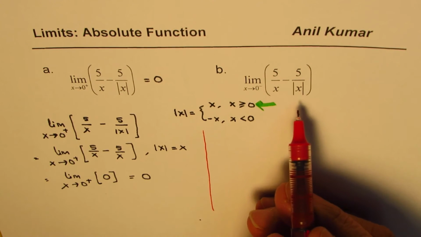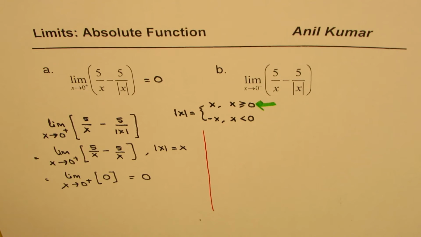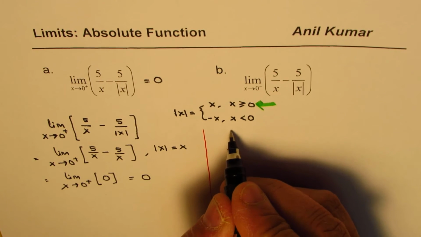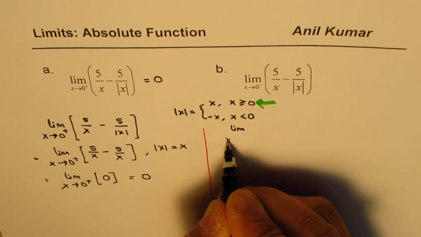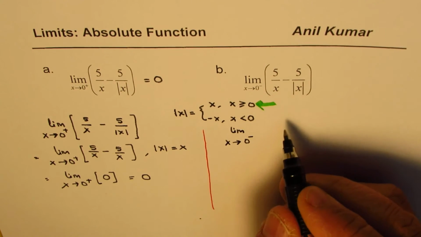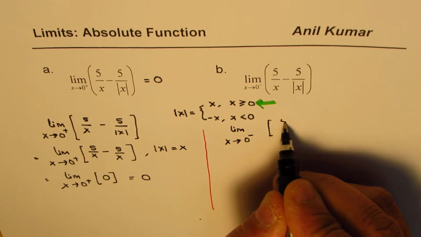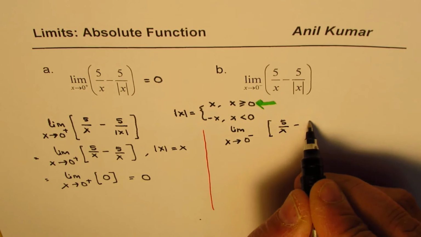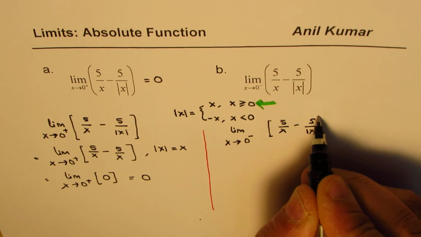Now let's again do the same calculation for the next one, but in this case there is a difference. We need to find the limit as x approaches 0 from the left side. That minus indicates left side. And the function is the same, which is 5 over x minus 5 over absolute x.